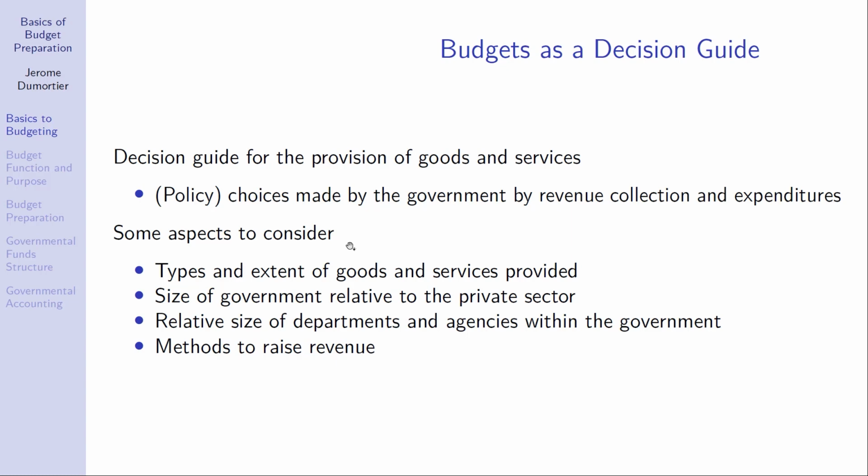But there are also more philosophical questions, such as, for example, the size of government relative to the private sector, or even the relative size of departments and agencies within the government. So you can think about the resource allocation, for example, to the Department of Energy, of Transportation, of Defense, or Education. A budget also lays out the methods to raise revenue.